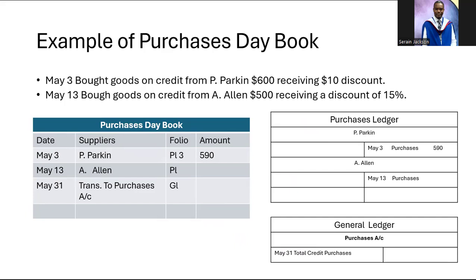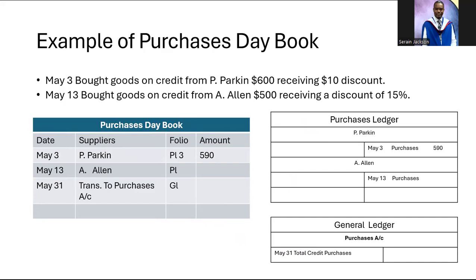All right. So for the next transaction, it says May 13, bought goods on credit from A. Allen for $500, right? And you receive a 15% discount, right?